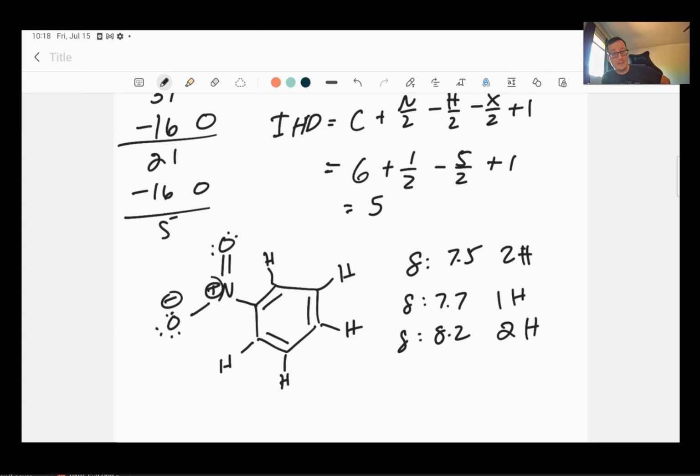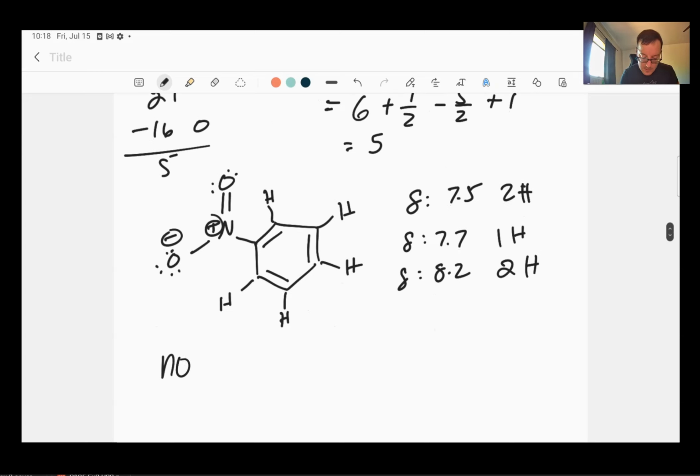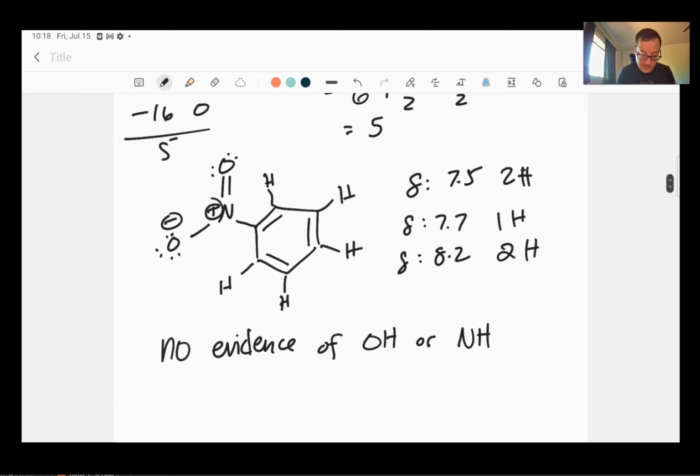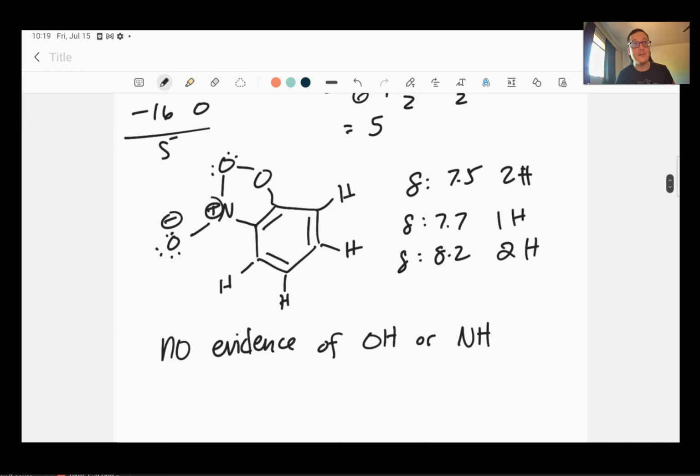Like, we didn't see any evidence of alcohols, evidence of OH or NH, right? We saw none of that. And it'd be weird to try and put some O's here and connect them with other O's.